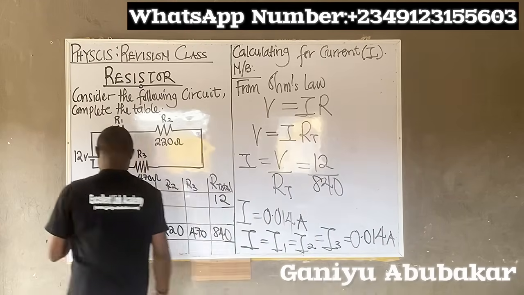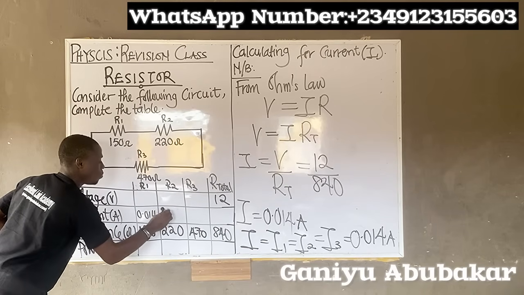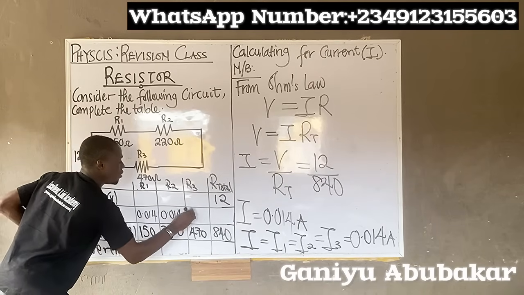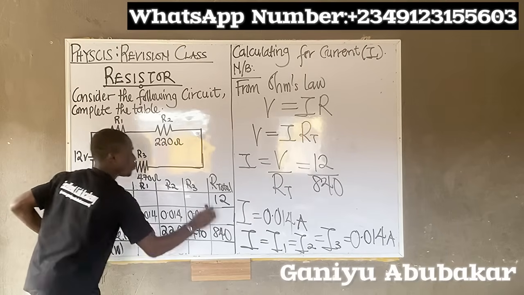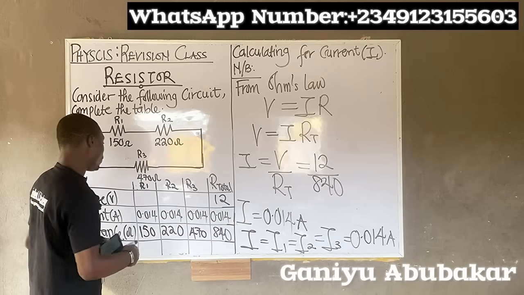So my I1 is 0.014, I2 0.014, I3 0.014, R total 0.014. All right, this is the value for current.